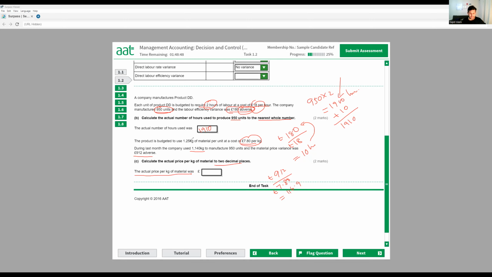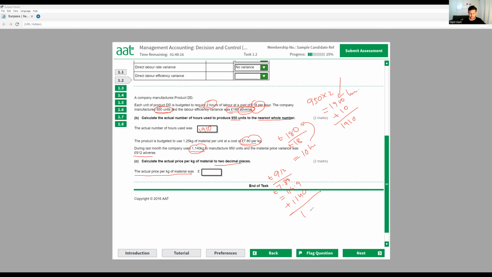We have here 1,140, which we have already used, and we have some adverse 912. So we add this to the kilo here. So we have 1,140 plus 116.9. That gives me 1,256.92.